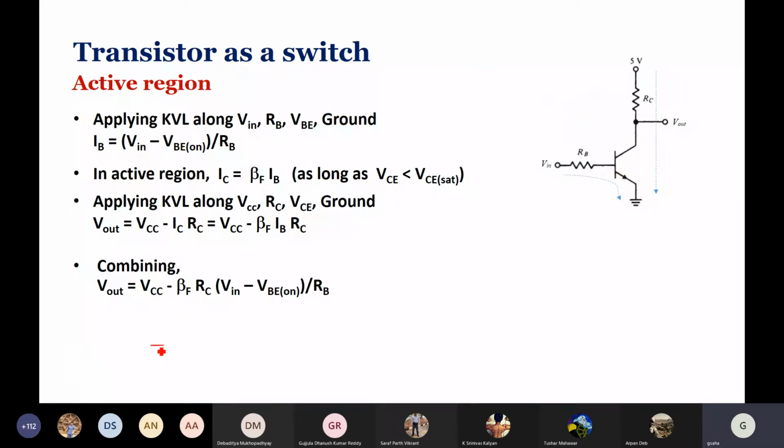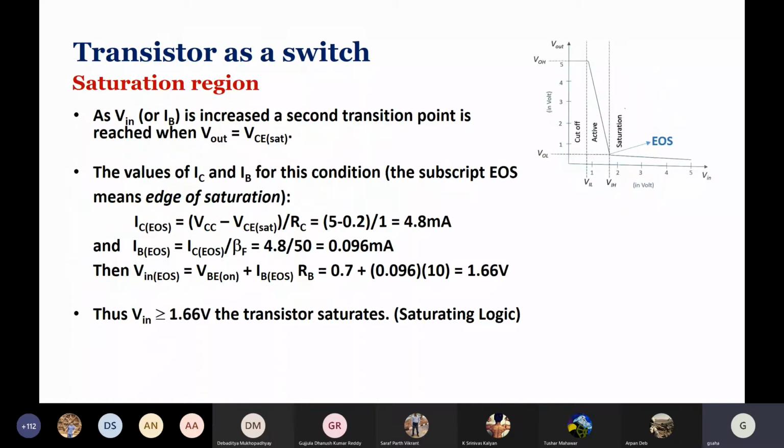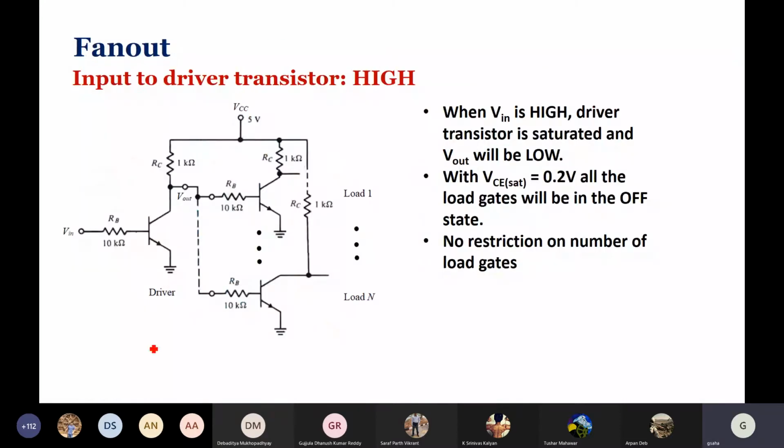Okay. So coming to what Arpan was telling, we are now looking at only one such thing connected to the load, and later on we can increase the number. One observation is that this will work as a switch.